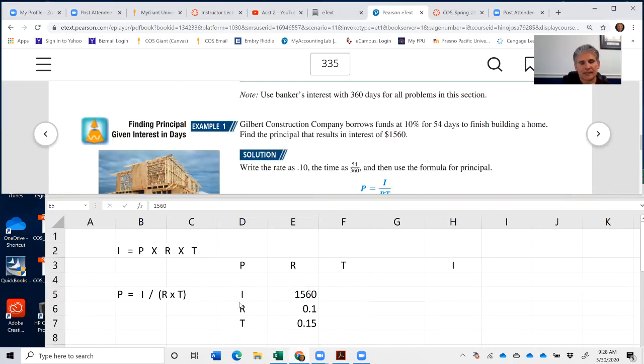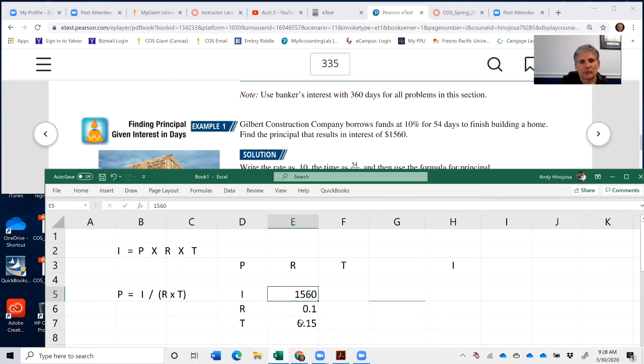Interest of $1,560. We know that R is 10%, 0.1. We know that T is going to be equal to 54 days divided by 360. So the numerator is going to be 1560. 1560 sits at the top of the fraction.